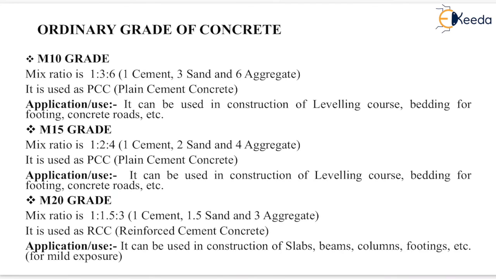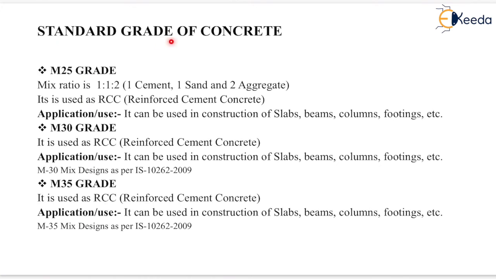Now the M20 grade concrete mix ratio is 1:1.5:3, and it is used as RCC, that is reinforced cement concrete. The application of M20 grade concrete is in construction of slabs, beams, columns, footing, etc. Now the standard grade of concrete.